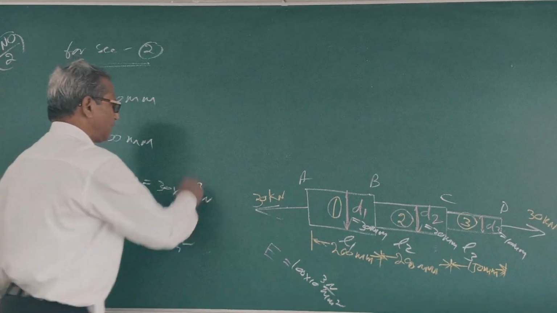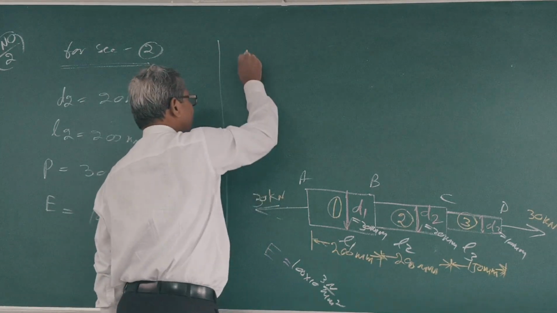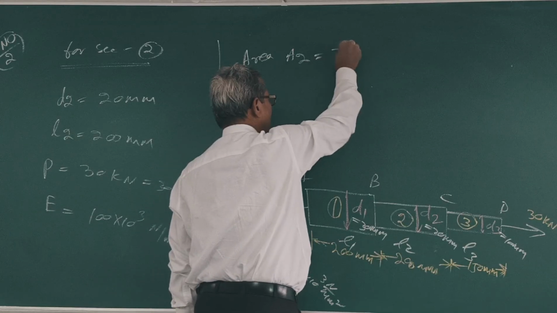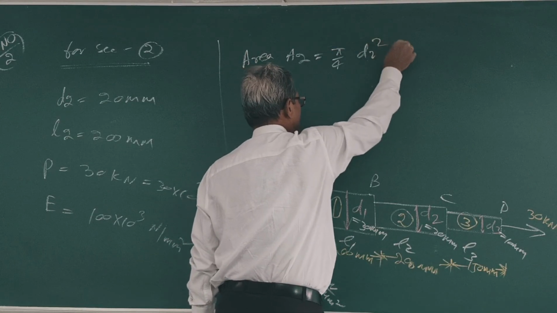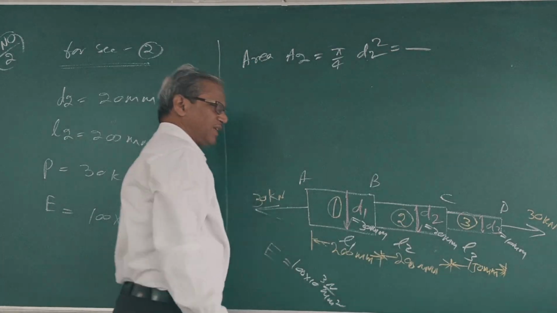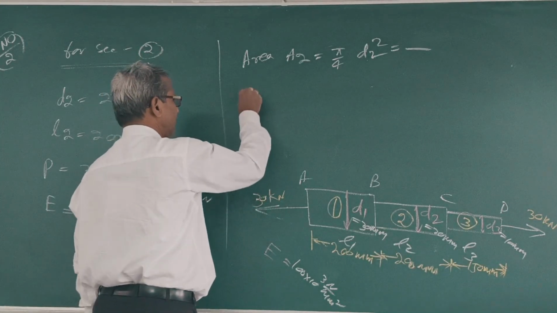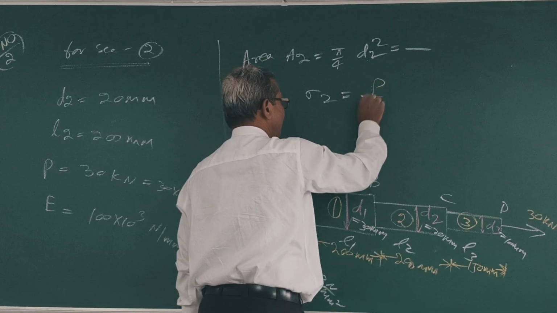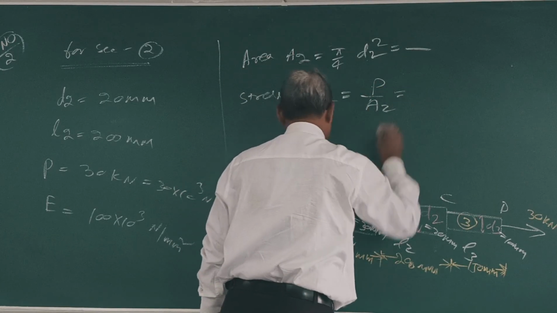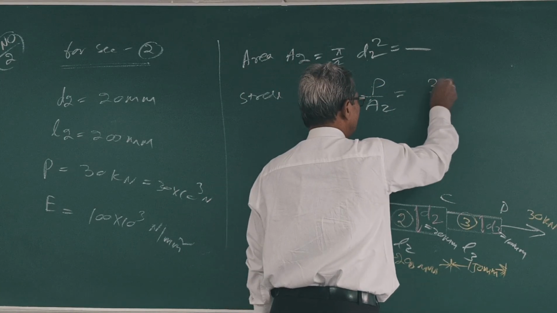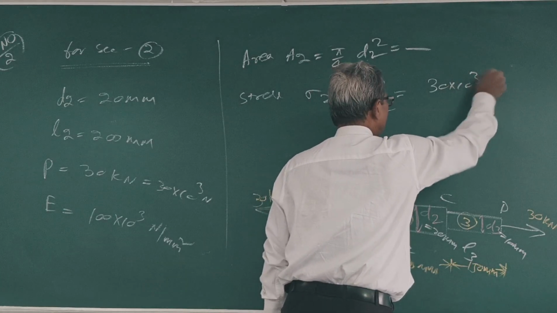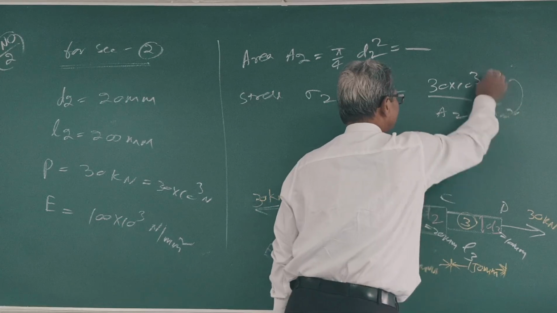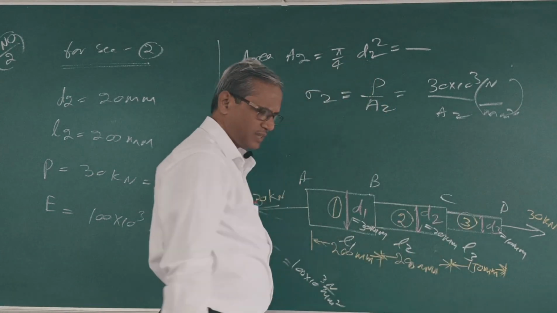Clear? What is area A2 equal to? Pi by 4 D2 square. Clear? Find the answer. Stress sigma 2 is P by A2, so 30 into 10 to 3 Newton by A2 mm square. Clear? Get the answer.